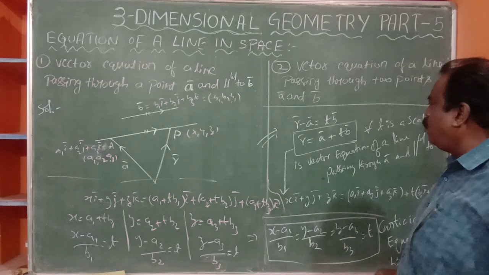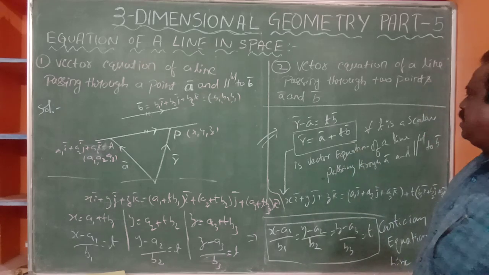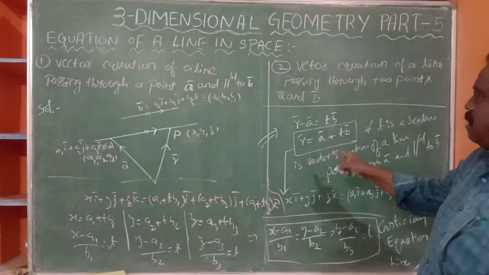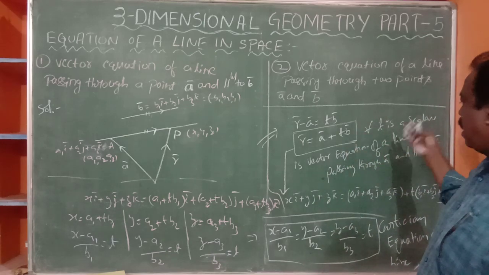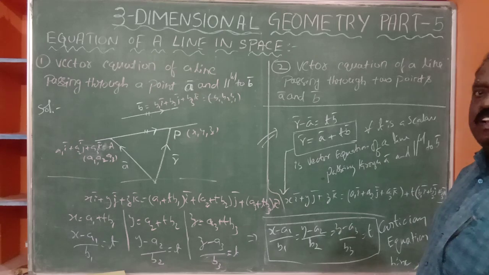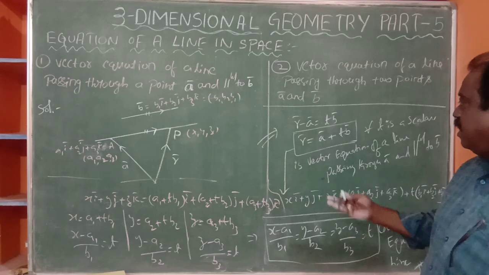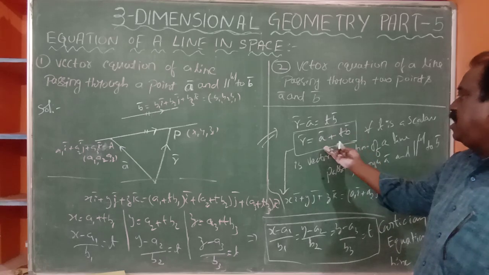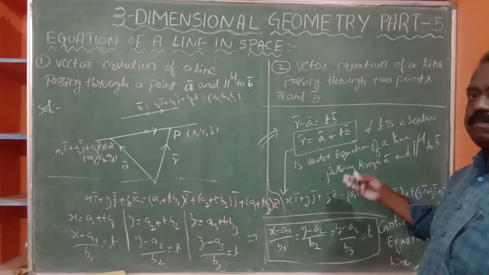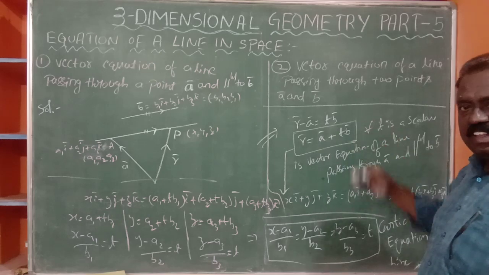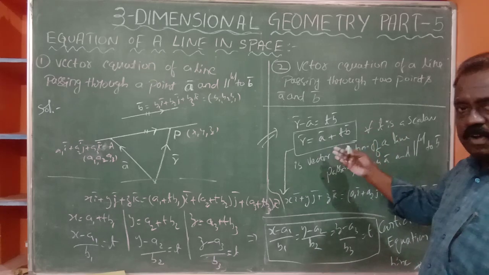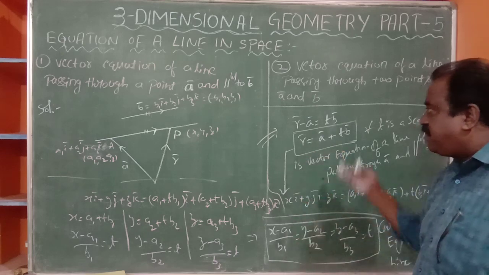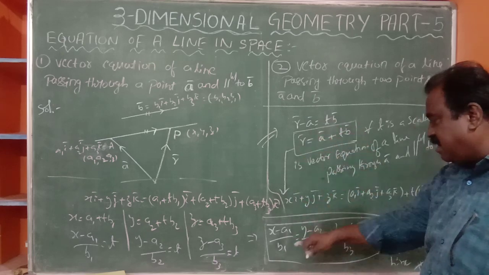R bar is equal to A bar plus t B bar is a vector equation, whereas R bar, A bar, B bar are given in components. Already it is given in the problem like that. For example, R bar is equal to 2i plus 3j plus 5k, plus t of 7i plus 8j plus 9k. Like that, the components, the coordinates will be given. Then the Cartesian form of the same line, not the vector equation, is the Cartesian equation.